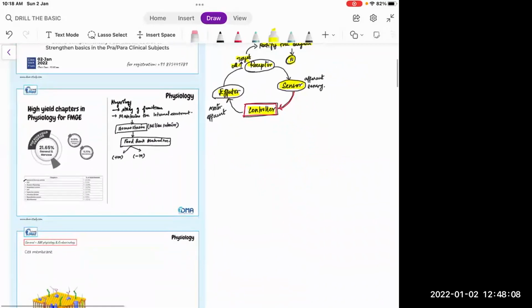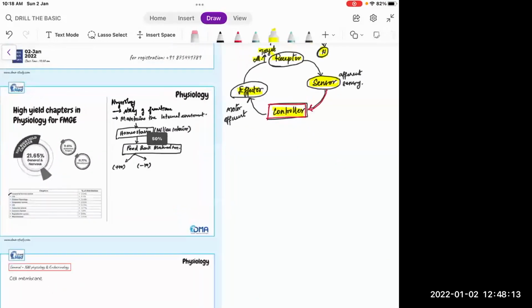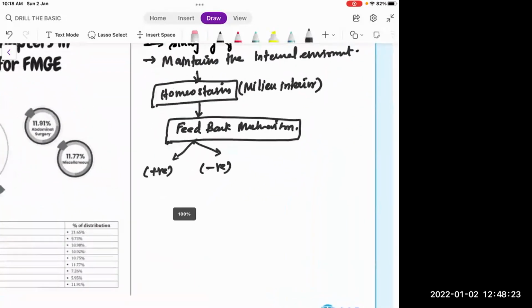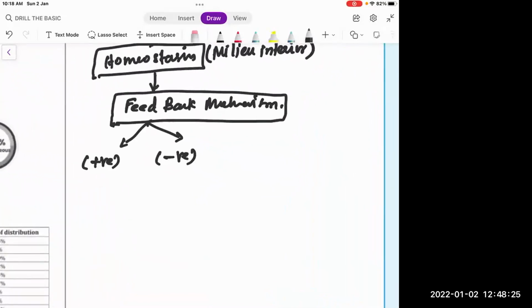Moving on to the feedback mechanisms, you have the positive feedback mechanism and the negative feedback mechanism. The most common feedback mechanism happening in our body is the negative feedback mechanism.